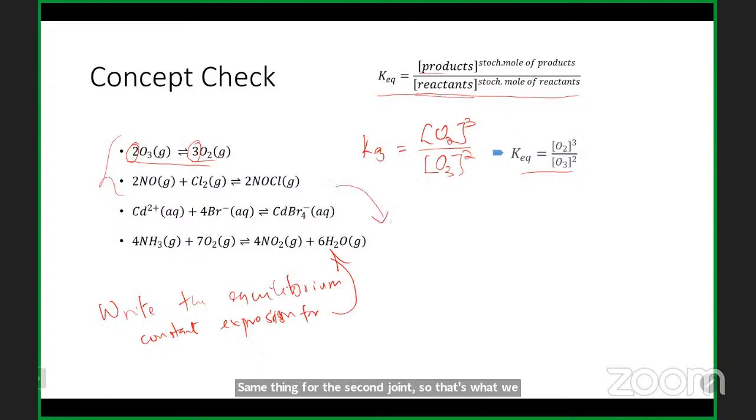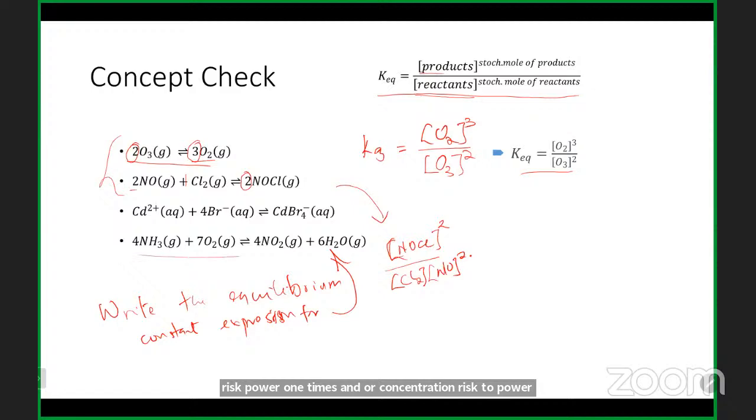For the second one, the product is NOCl, the concentration raised to the power of its stoichiometric number of moles, that's 2, over the reactants, Cl2 concentration raised to power 1 times NO concentration raised to power 2.